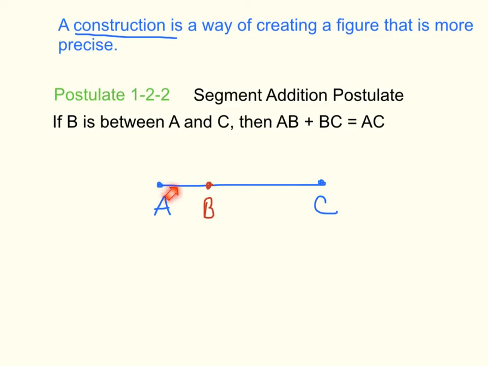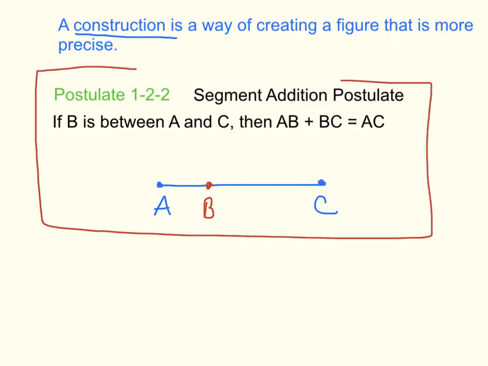You take one segment, you add it to another segment, and that gives you the entire segment. The distance from A to B plus the distance from B to C equals the distance from A to C. This entire thing is called the segment addition postulate.